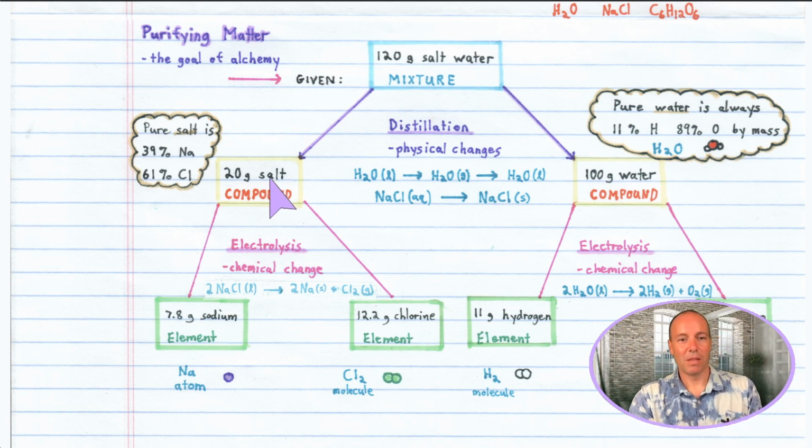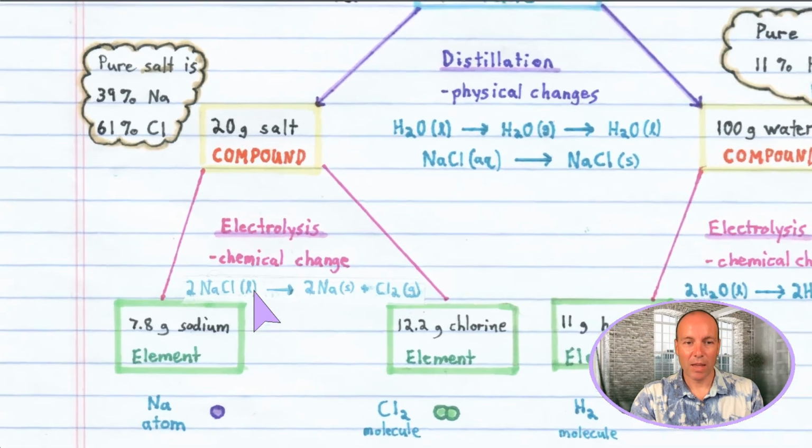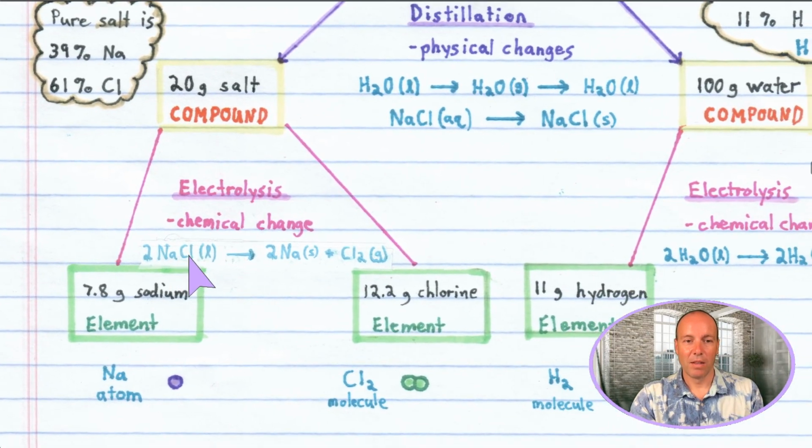Salt can be divided into its constituent elements through a similar electrolysis process. You would need to melt the salt, though, to have molten sodium chloride, and probably a stronger battery, but you could still do this. And you could take your NaCl and convert it to sodium and chlorine, the separate elements.